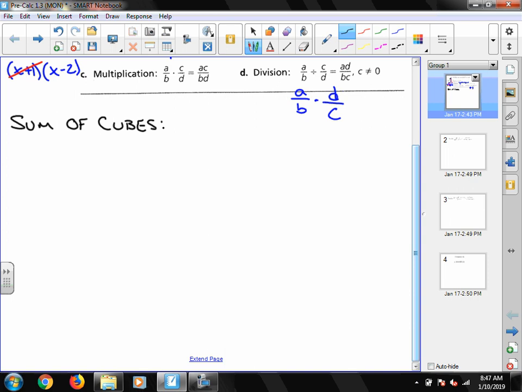So if I have two numbers, a cubed plus b cubed, okay, you got to have plus, hence the sum of cubes. That will always be able to be factored into a plus b times a squared minus ab plus b squared.